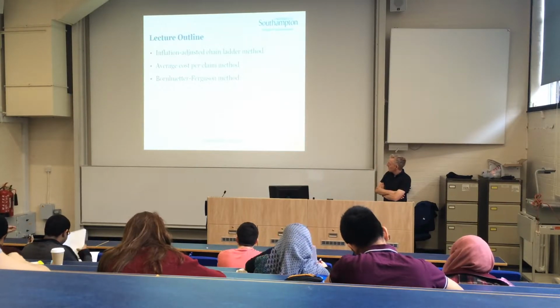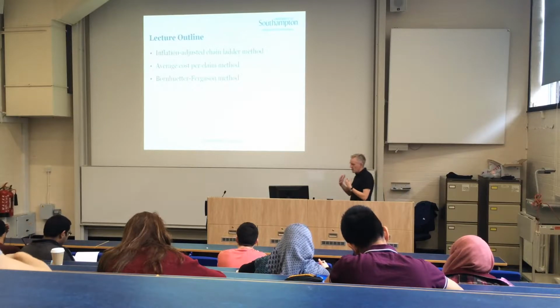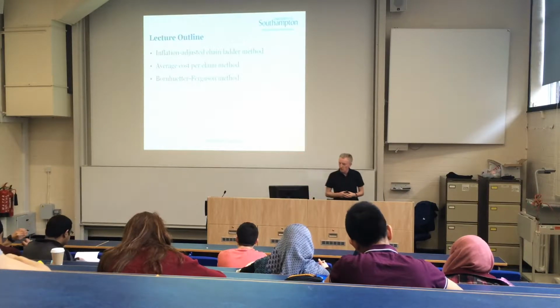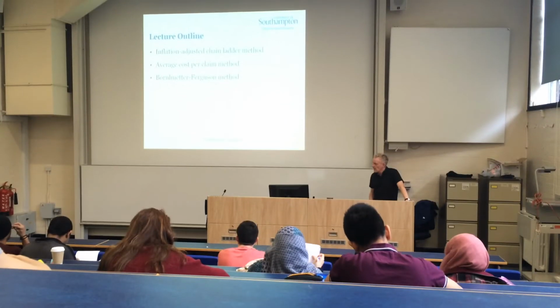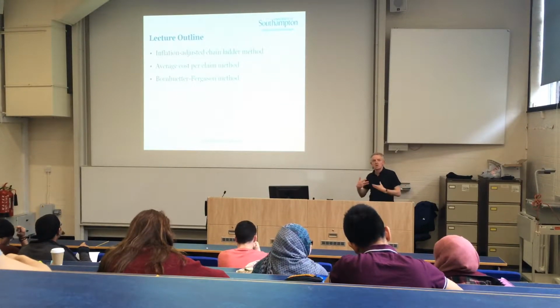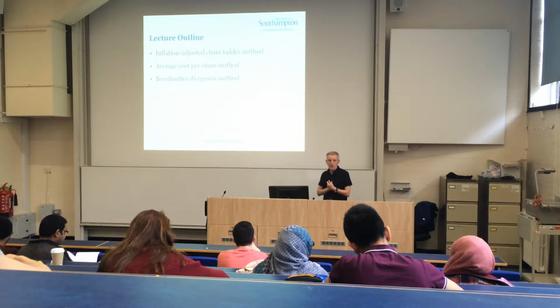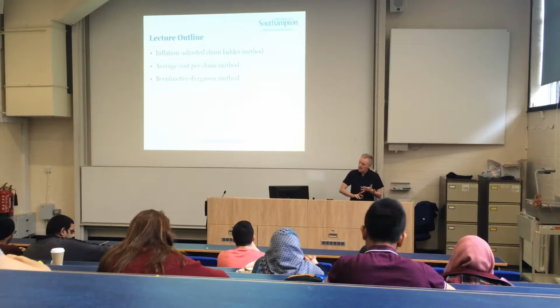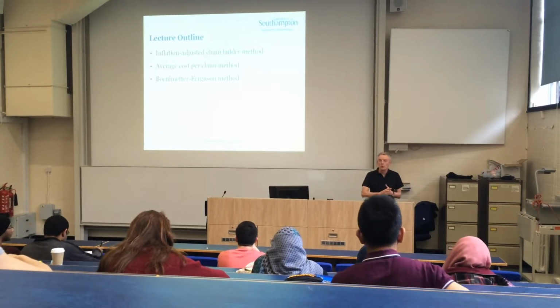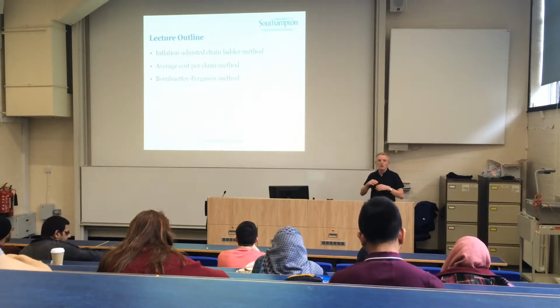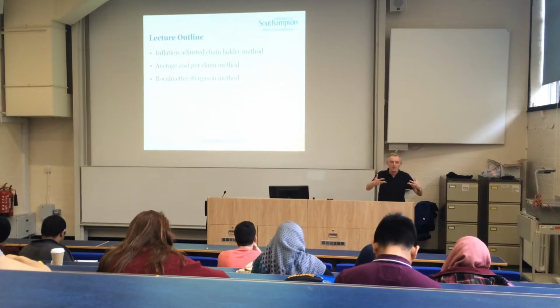Today we're going to have a look at three slight variations on that same thing. The first one is to see how that basic method is adjusted to take into account inflation. And that's both accounting for inflation on the historical data, but also accounting for inflation going into the future.